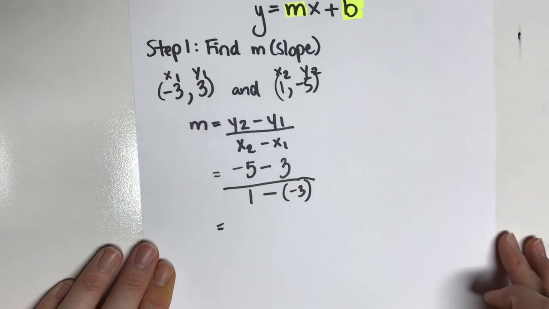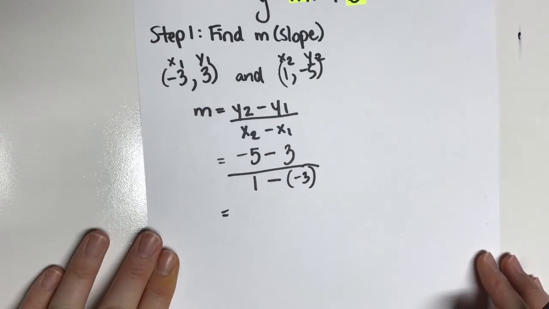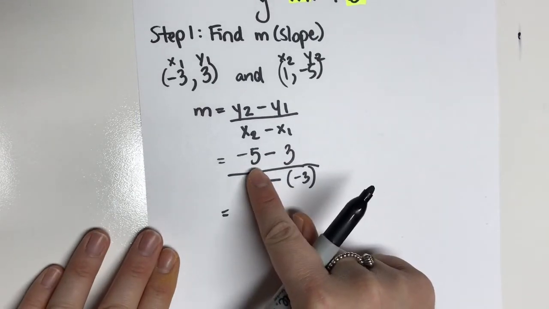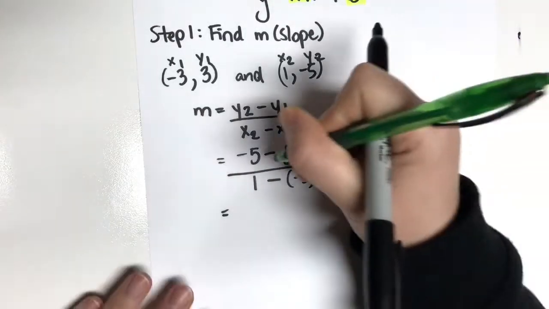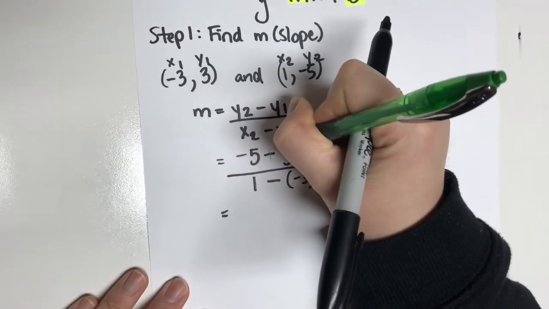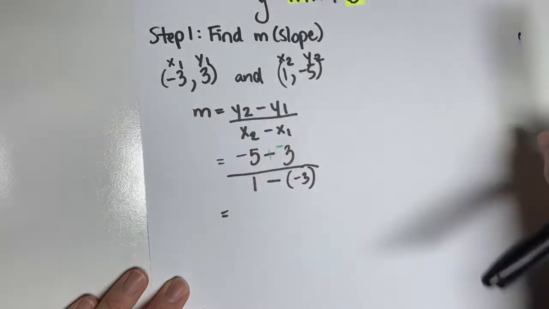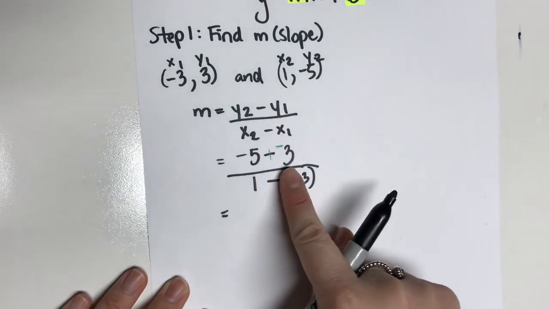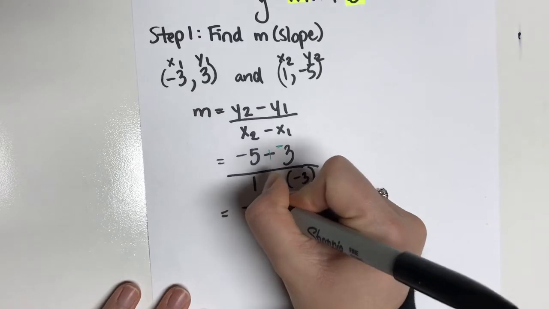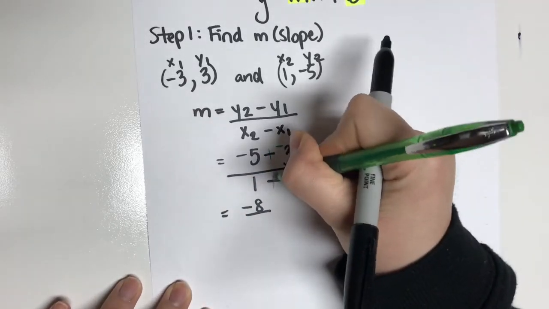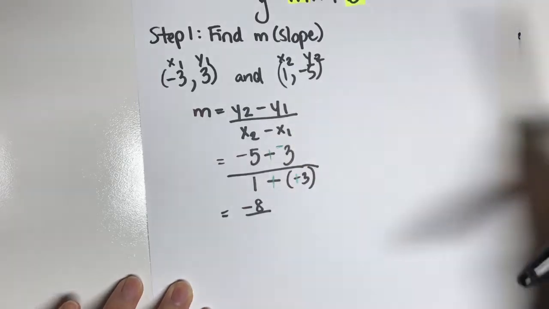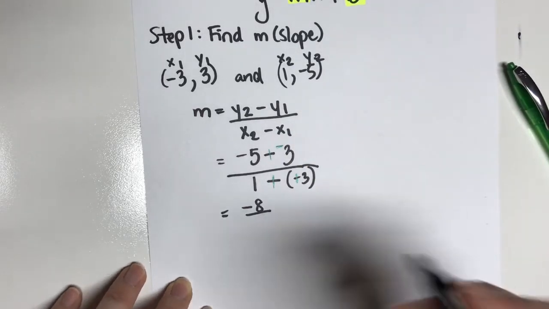So now I'm going to simplify the numerator and the denominator separately. -5 minus 3. So remember, we can keep, change. So -5 plus -3, both negative, so -8 over keep, change, 1 plus 3 is 4.